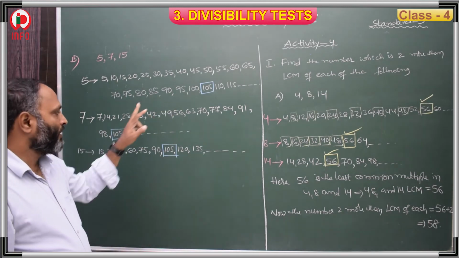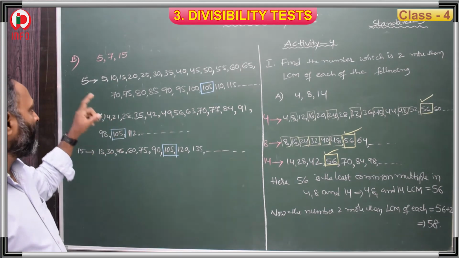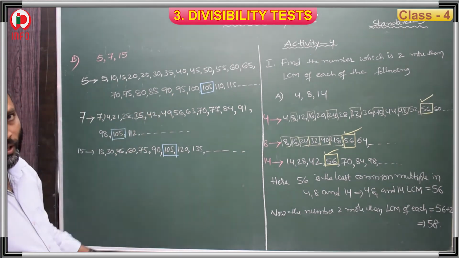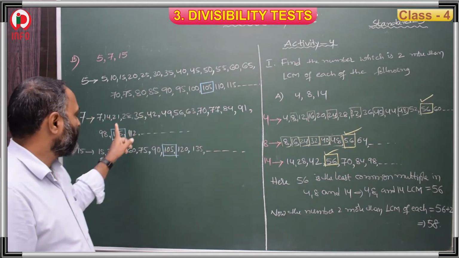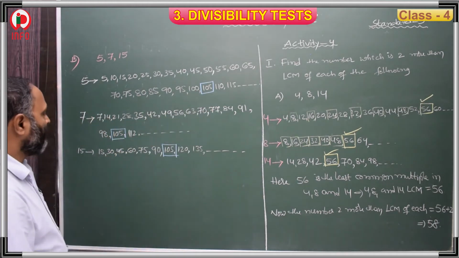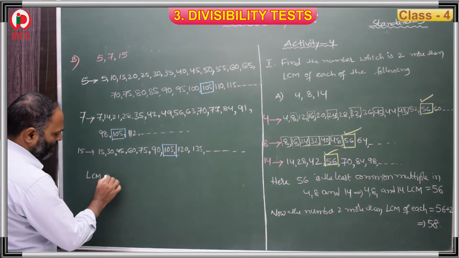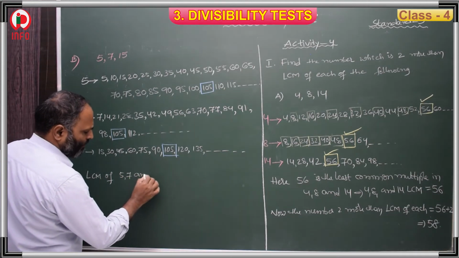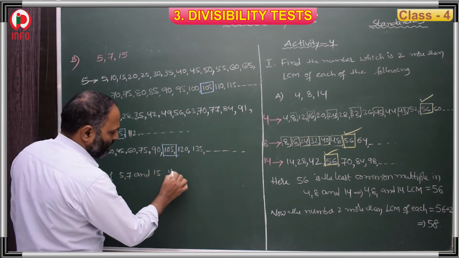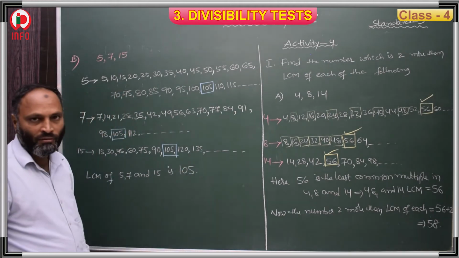So the first multiple which is common in all the three is 105. It means the least number common in all the three is 105. So the LCM of 5, 7 and 15 is 105.